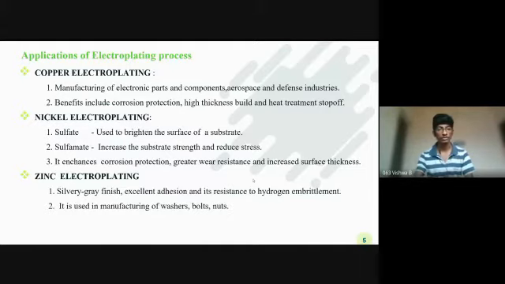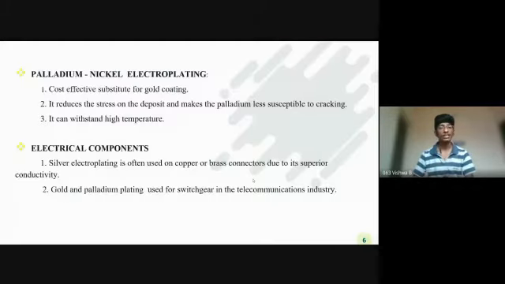That's the point. Next, palladium nickel electroplating. It is a cost-effective substitute for gold coating. Gold coating is also one of the best methods, but due to the price, it's impossible for us to use gold plating.